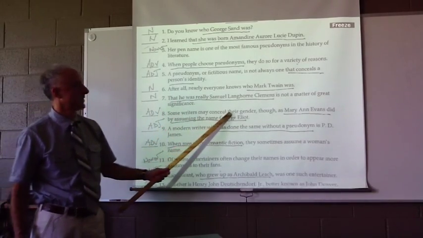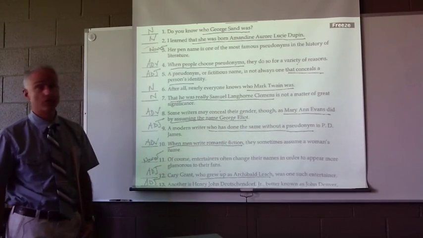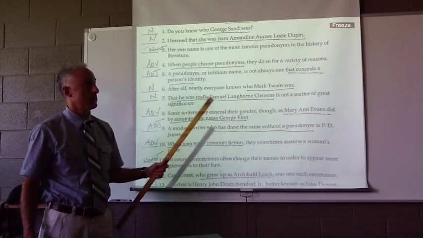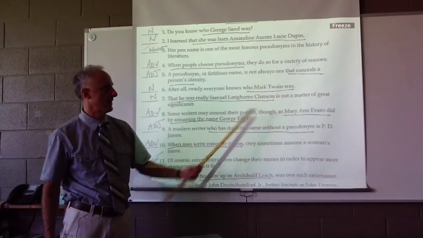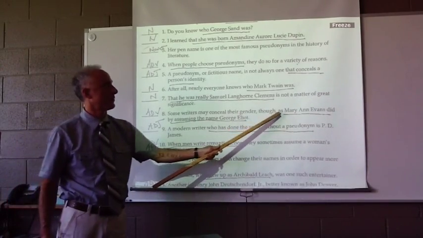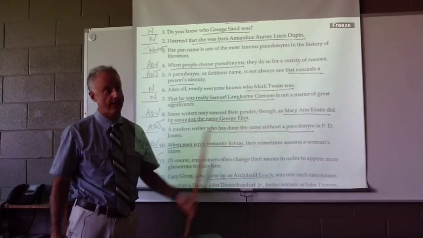Some writers may conceal their gender, though, as Marianne Evans did by assuming the name George Eliot. Now, this is a pretty easy one to identify, as should be part of the underlining here. So we have a subordinating conjunction that gives us the indication that we have an adverb clause.